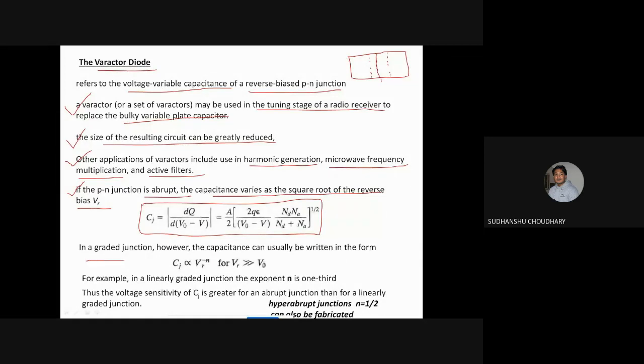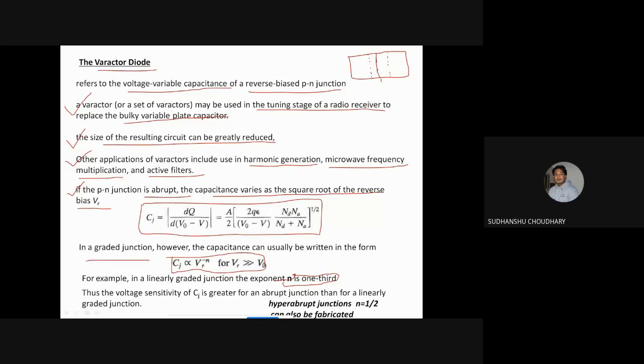However, in a graded junction, maybe a linearly graded junction, you will find that junction capacitance varies by this relation. That is, junction capacitance is proportional to VR to the power minus n, where the reverse bias voltage is much greater than the built-in potential. This exponent n is normally 1/3 for a linearly graded junction.